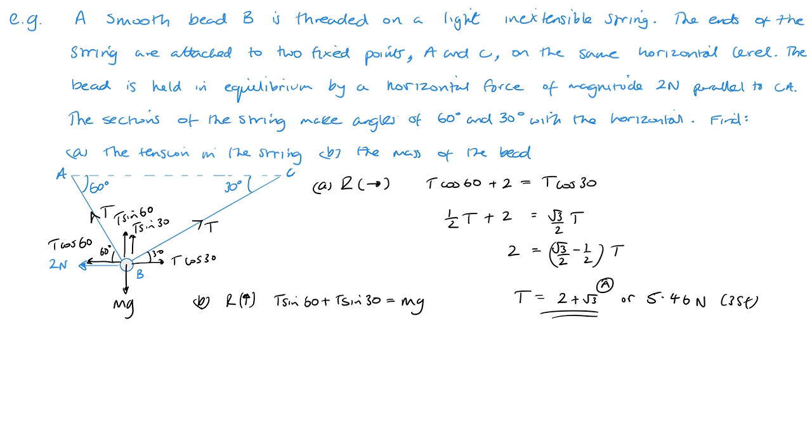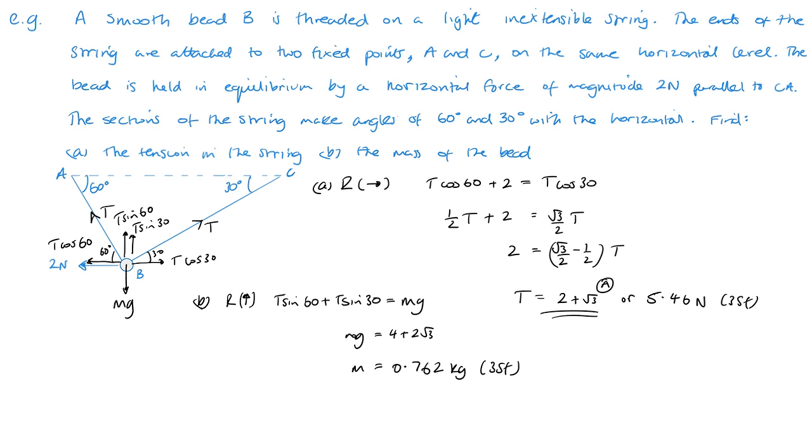So T times sin 60 plus T, which is my A, sin 30, equals mg. So mg equals 4 plus 2 root 3, divided by 9.8, and we get that the mass is 0.762 kilograms to 3 significant figures.